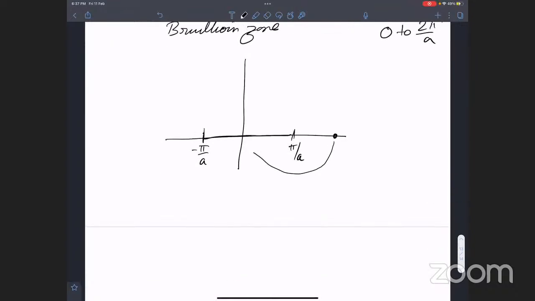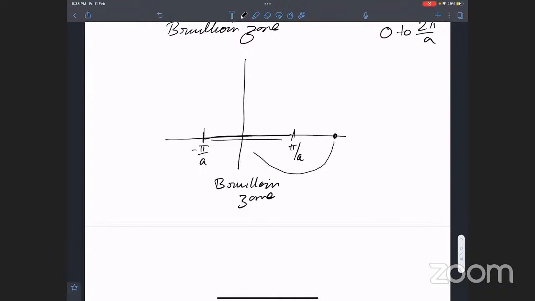That is why in anything dealing with solution of Schrodinger's equation in crystals or in systems where we have periodic potential, you always see this idea of a Brillouin zone. In a one-dimensional crystal, the Brillouin zone goes from minus pi by a to plus pi by a.